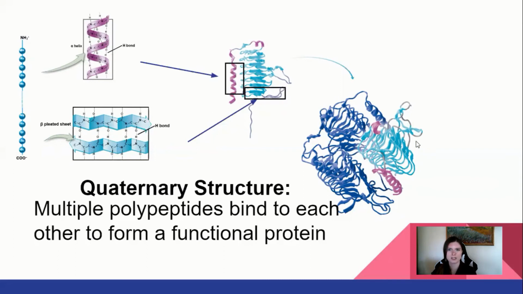Now we can see it participating in this quaternary structure. But in the quaternary structure, it's going to link up together with other polypeptides, each of which have their own primary, secondary, tertiary structure. And they're going to be kind of binding on to each other to form an even bigger protein. So that's our final protein shape, is when we have multiple, what we call subunits linking together.